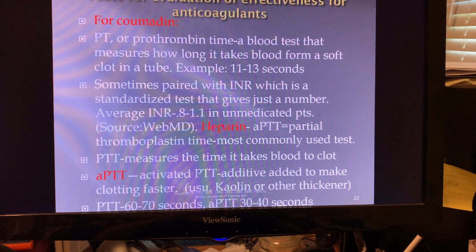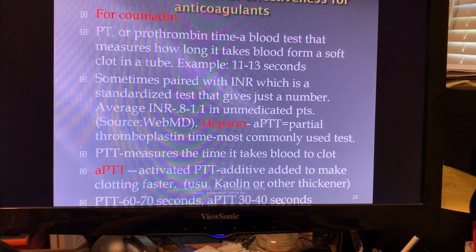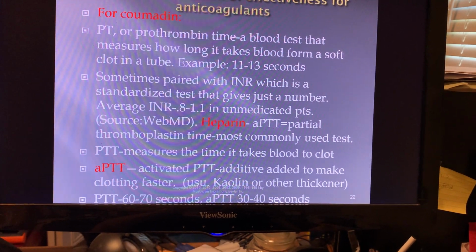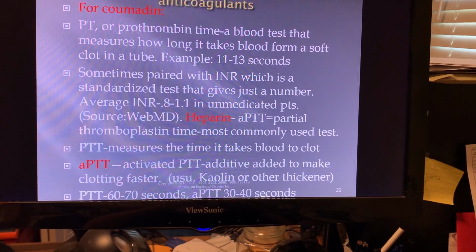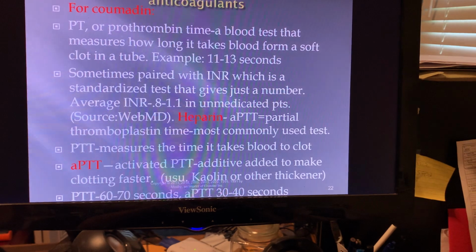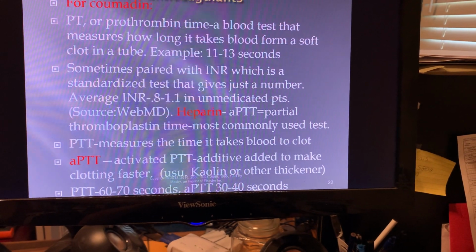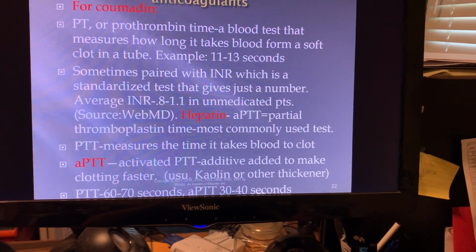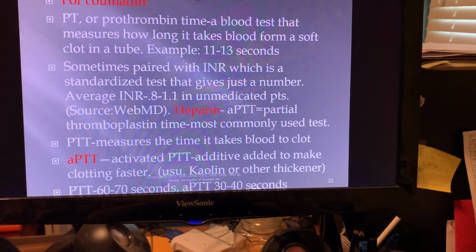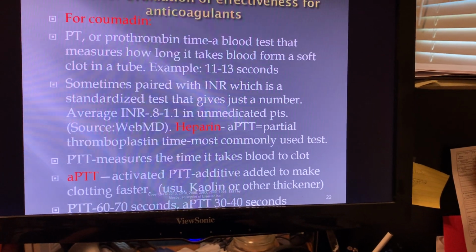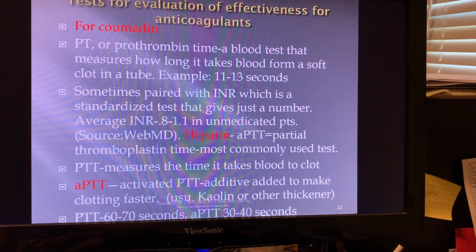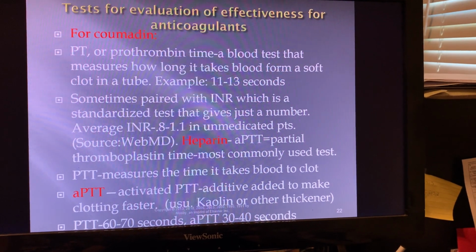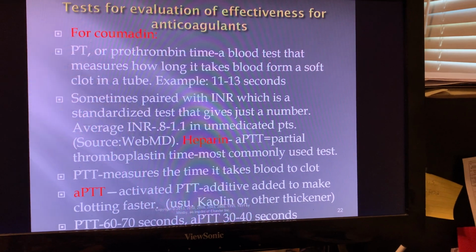So the average INR is about 0.8 to 1.1 in unmedicated patients. So if I drew a vial of your blood, you are not on Coumadin, I put it in an untreated tube, it's going to start forming a soft clot in about 11 to 13 seconds, and your INR is going to be somewhere around 1. Just a straight number, not number of seconds.